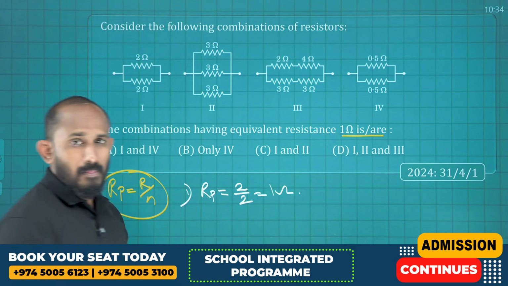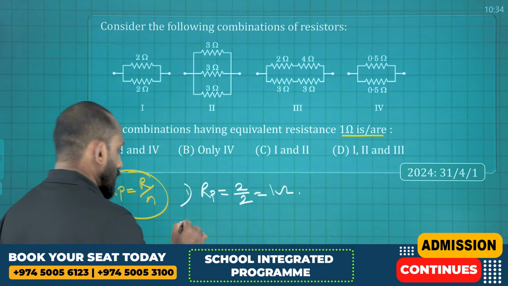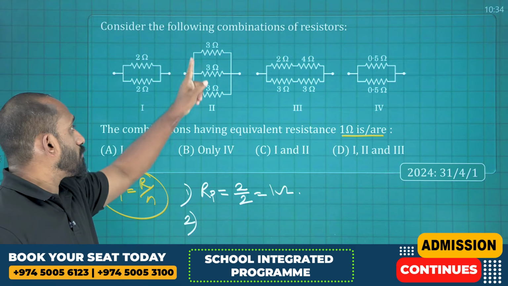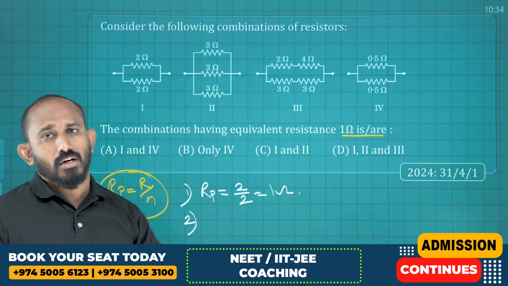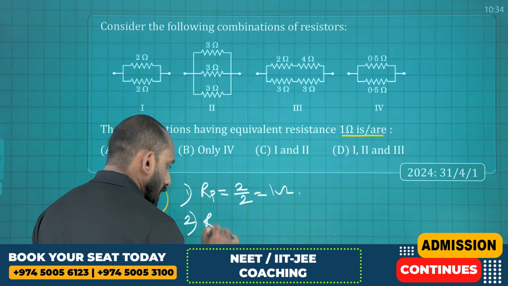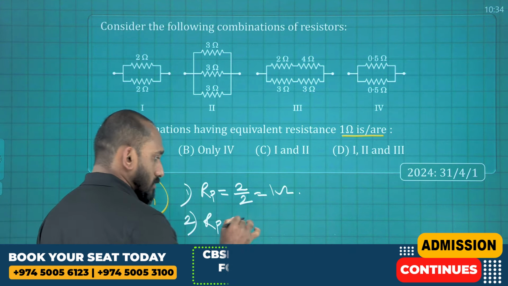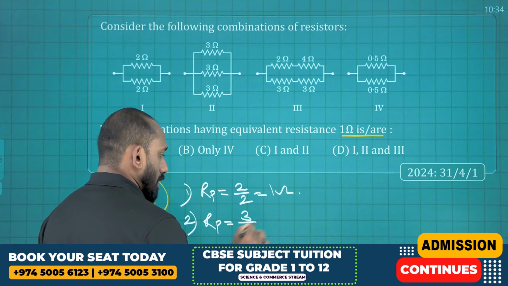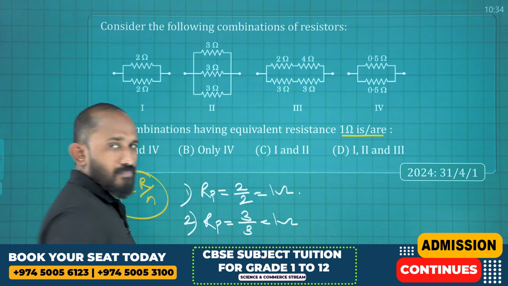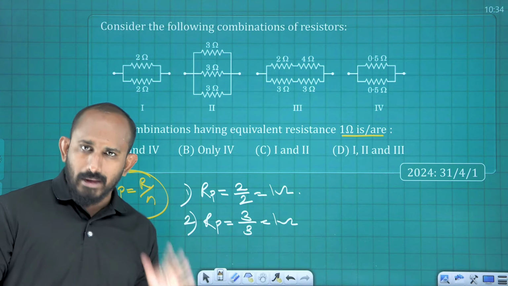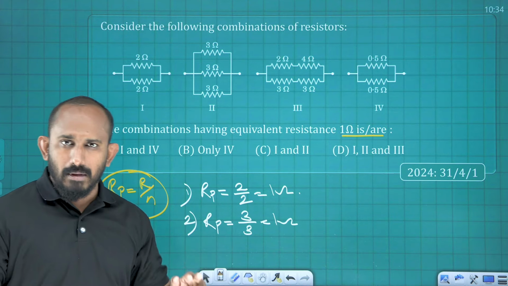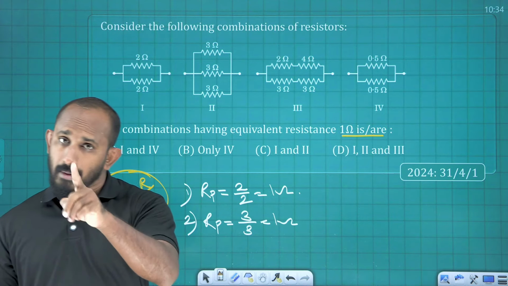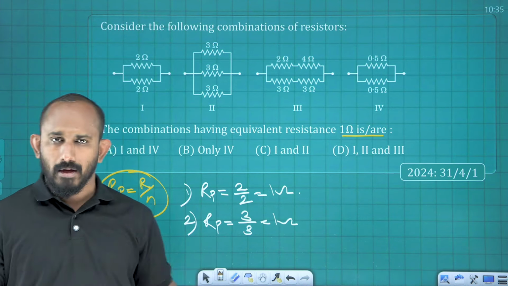Then check the second: 3 ohm, 3 ohm and 3 ohm. Total 3 resistors are there. So Rp is the value of 1 resistance, 3, by how many are there, 3. 1 ohm again. In the normal case, 1 by 3 plus 1 by 3 plus 1 by 3 will be 1 by Rp. So Rp will be 1 ohm again.